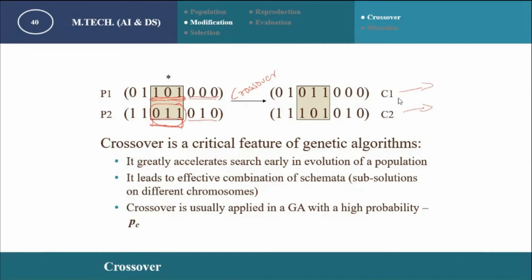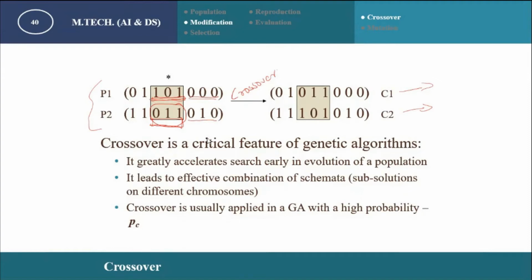Some probability in the sense a specific chromosome is selected based on some probability associated to that particular chromosome. So when two parents are selected, again we are checking whether they should mate or not. That is, whether the crossover is to be done in this particular combination of parents or not. That also we have to check.